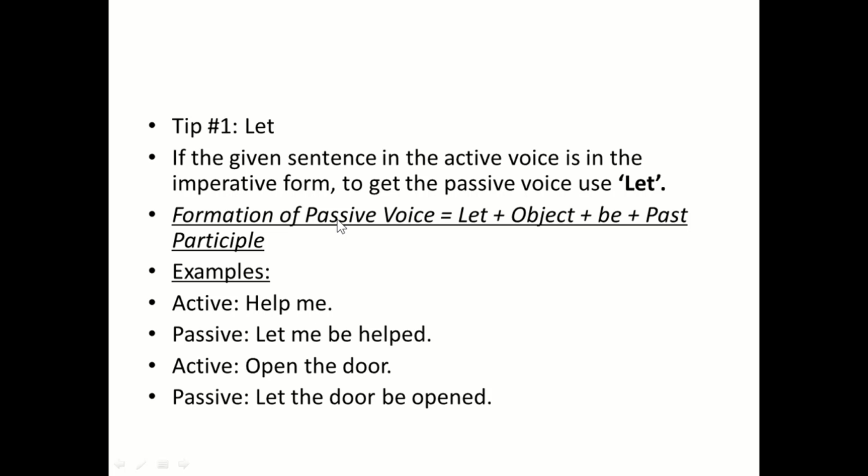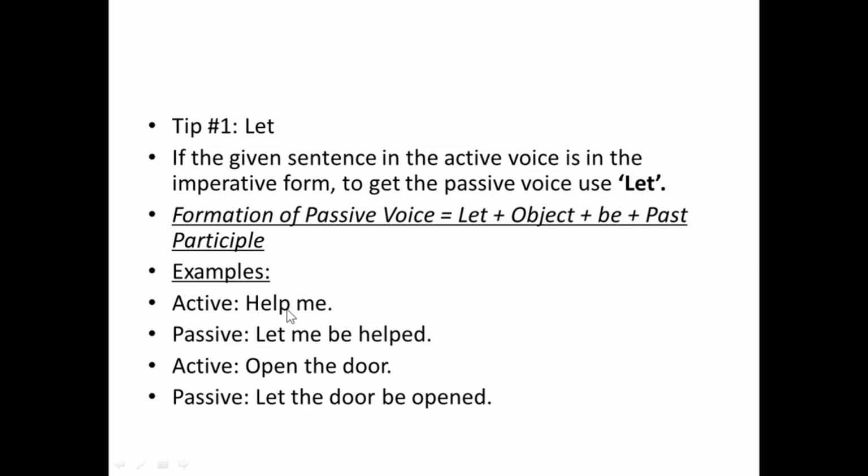That is called imperative. Forming of passive voice: let plus object plus be plus past participle, that is third form. Whatever the type of sentence is, you have to keep in your mind to use the third form while changing into passive.